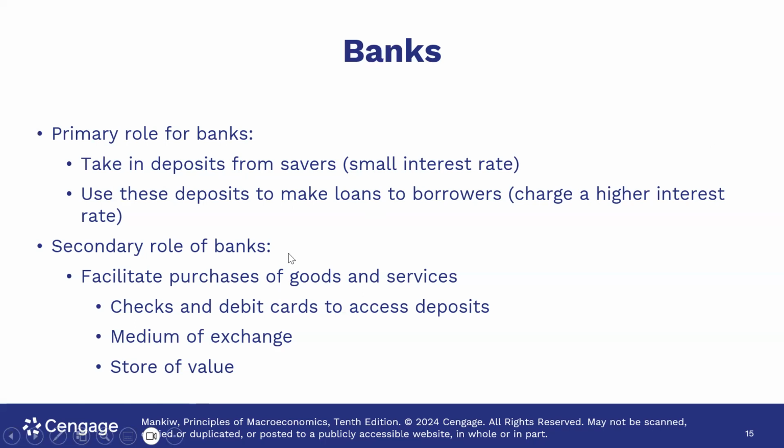The secondary role of the banks is to facilitate purchases of goods and services. So it will provide convenience for the transaction. For example, it can provide checks and debit cards to access deposits, right? So in this case, you do not need to carry cash with you everywhere.